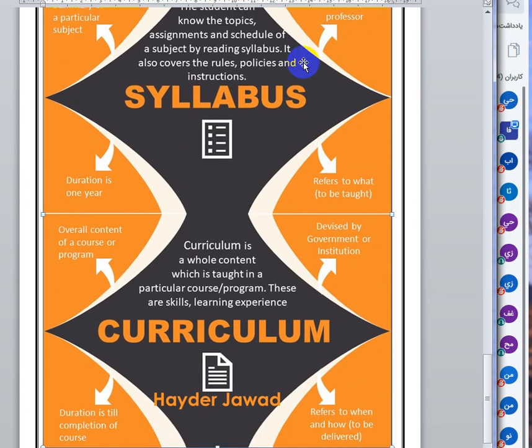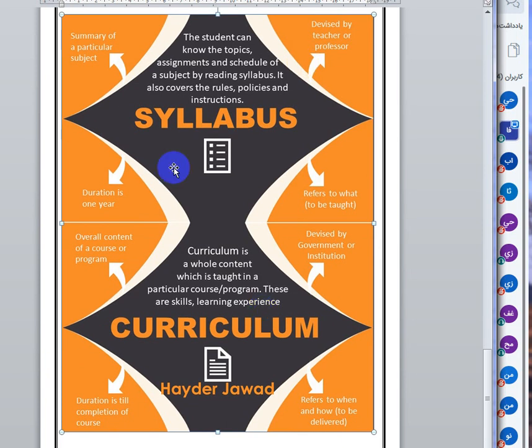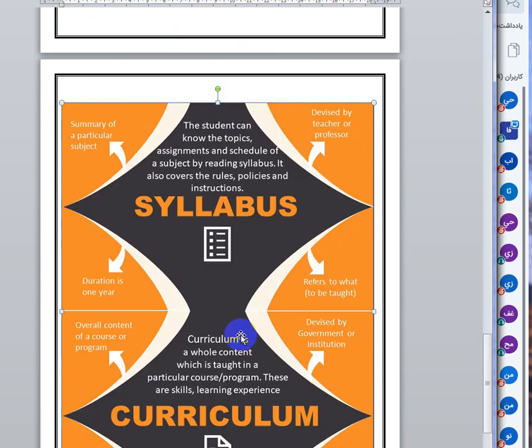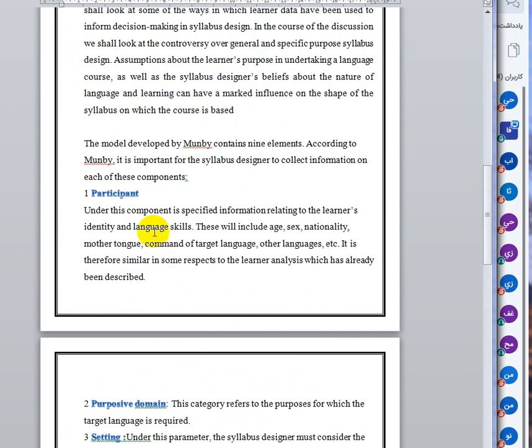I'm sure now you have got the distinction between syllabus and curriculum. Now I want to move on to the next important concept to learn, and that is finding out more about the stages of curriculum development.